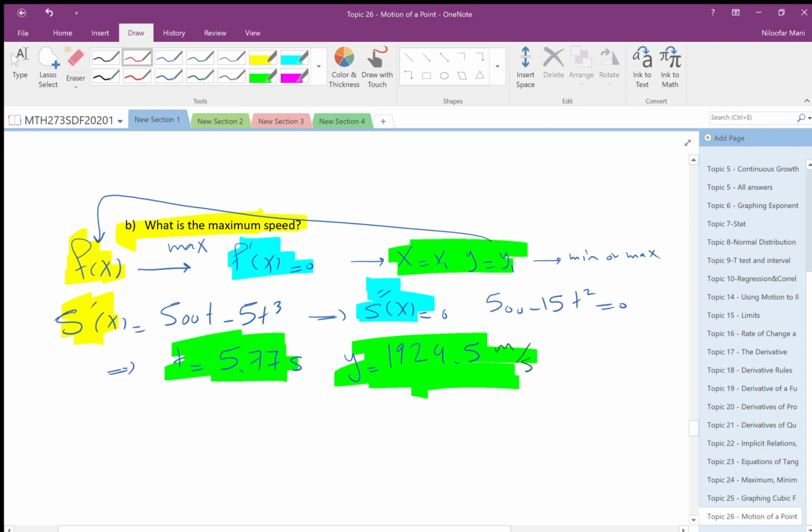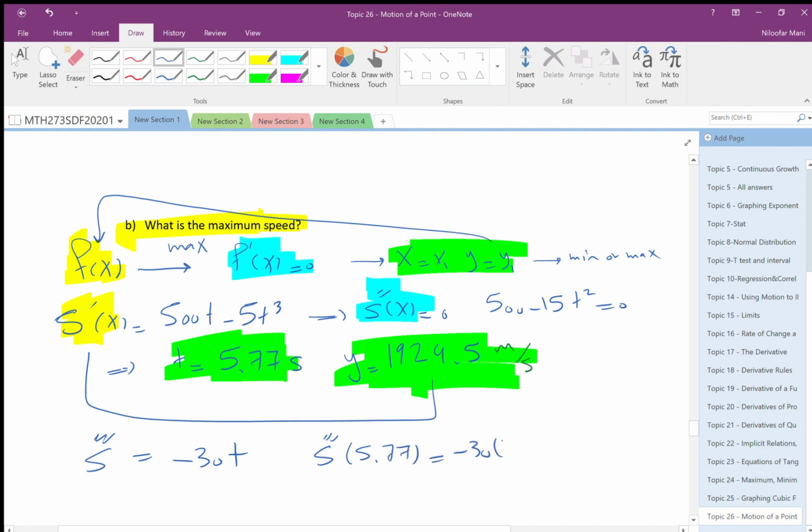So s triple prime is minus 30t. When I do s triple prime with 5.77, I see minus 30 times 5.77 is negative.